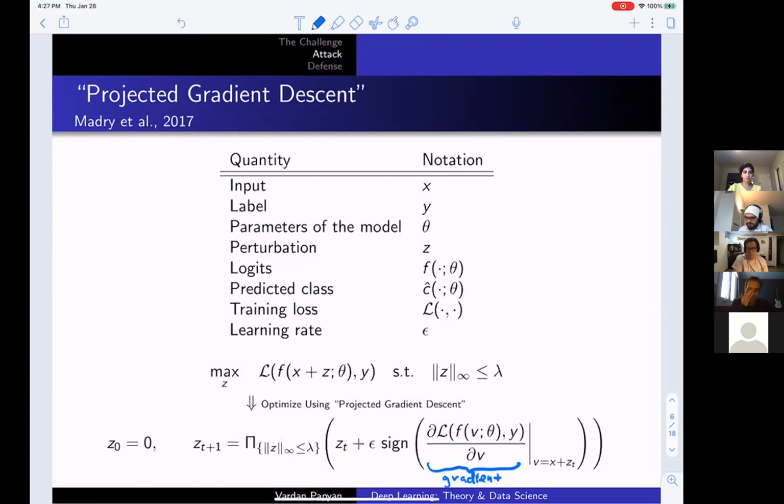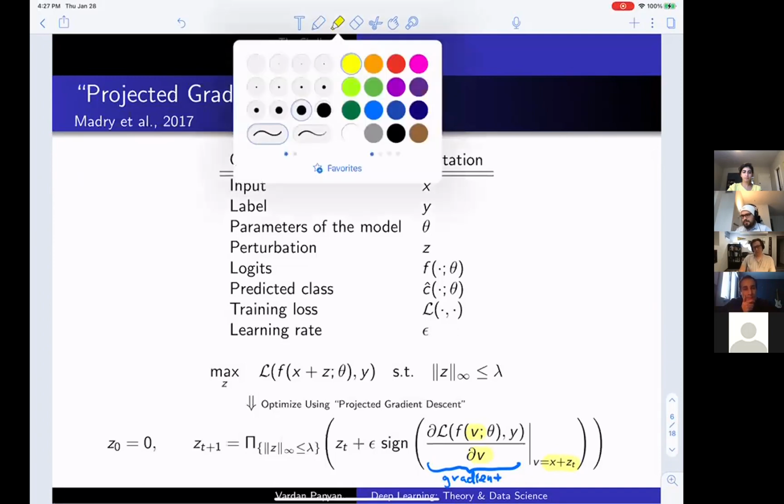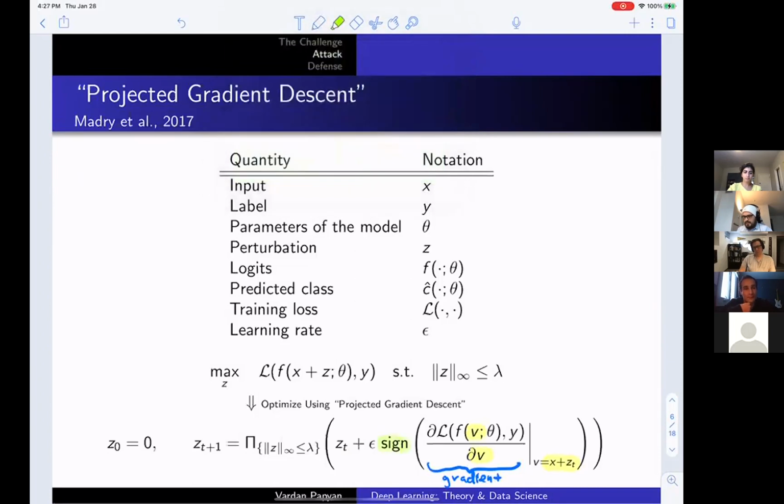So notice how I write the gradient. Here you can see the v, which is the input, and here you can see differentiation with respect to v, right? And the derivative is calculated at x plus z_t, which is the current adversarial example. Now we take this gradient, and on this gradient, we apply the sign function. We multiply it by epsilon and add it to the current z.